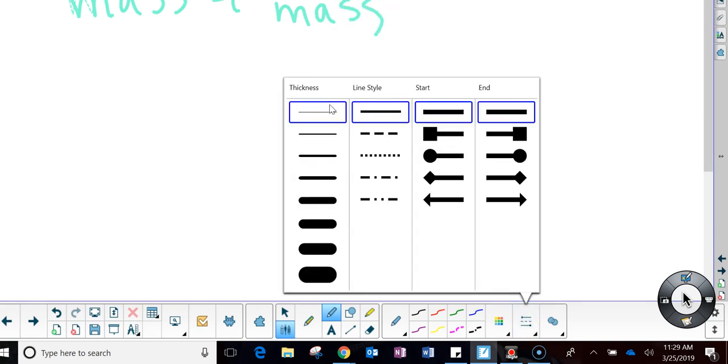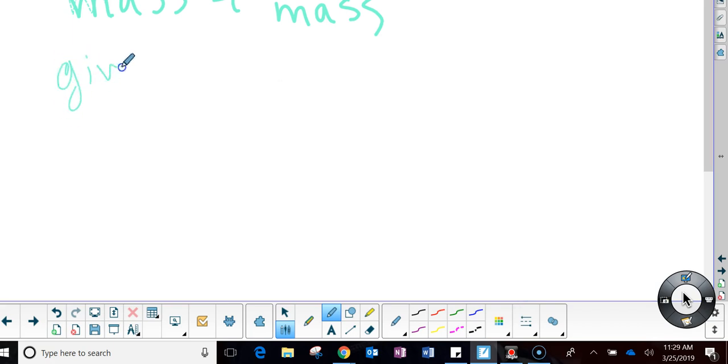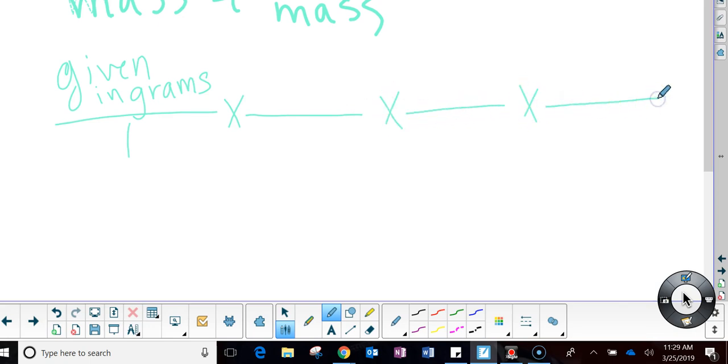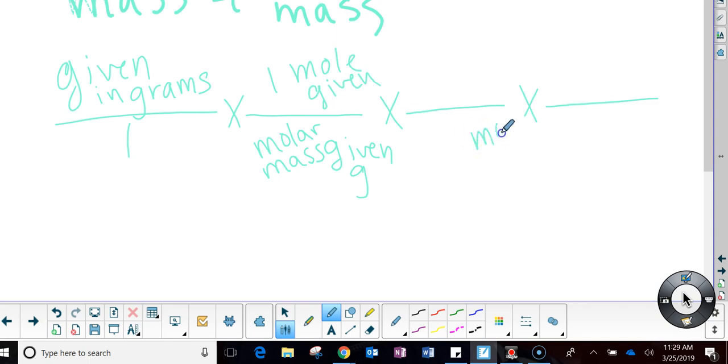Okay. So every time it's what you're given in grams over 1. Then you're given grams on the bottom and you're using your molar mass for 1 mole of your given. Then your moles of what you were given going to moles of what you're solving for.